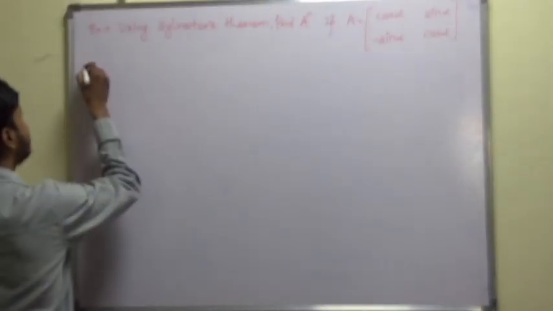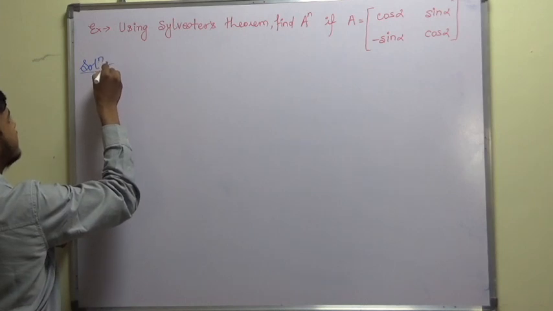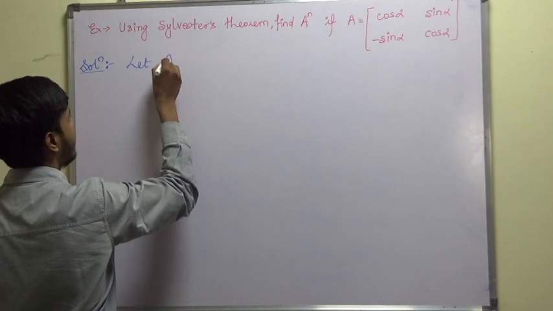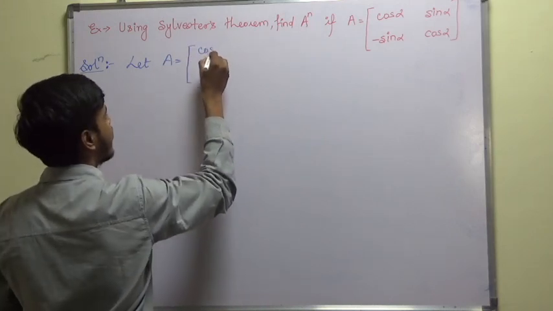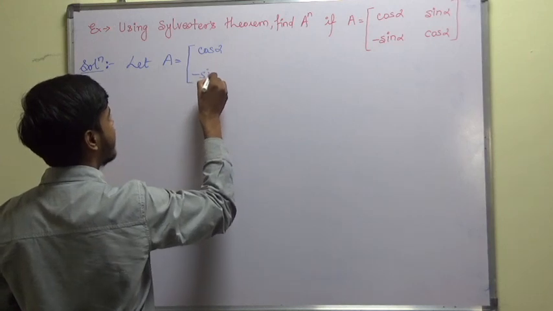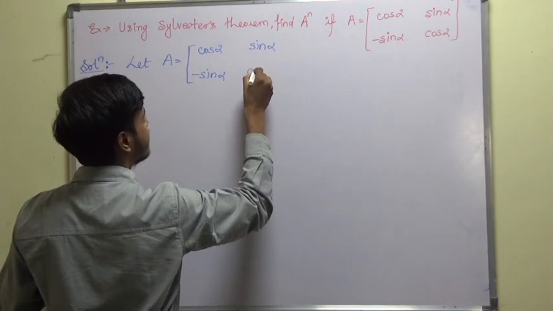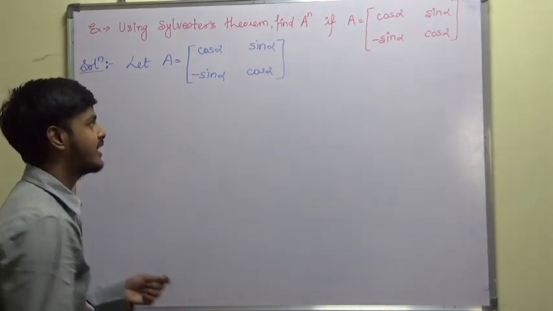First step is we have to start with the given matrix and find out the eigenvalues. So let A is equal to cos alpha, minus sin alpha, cos alpha.